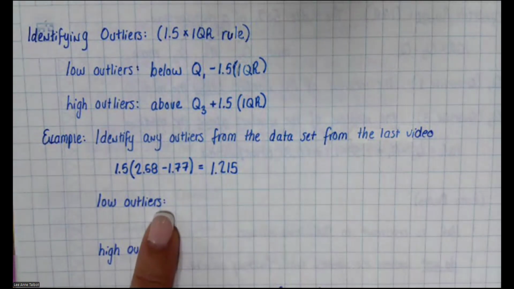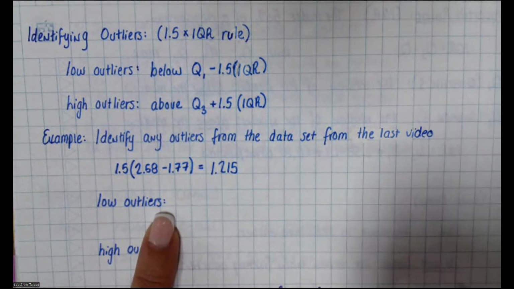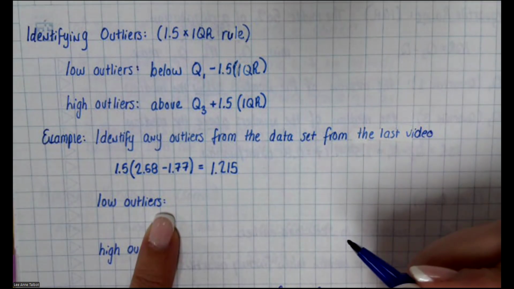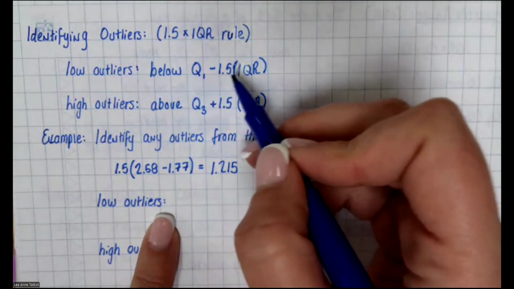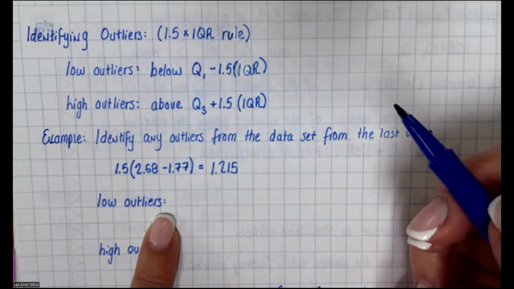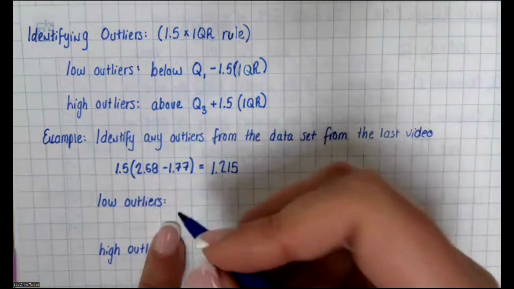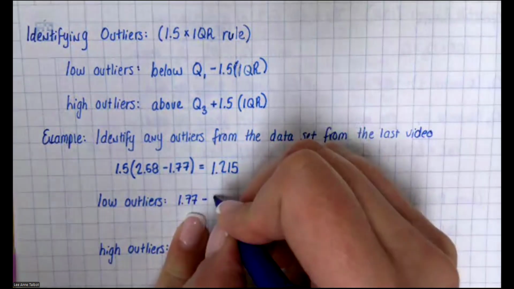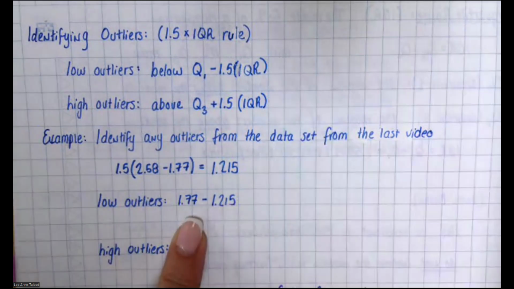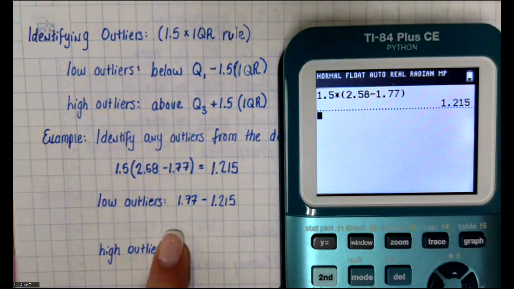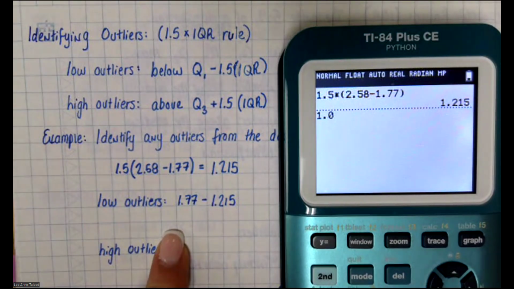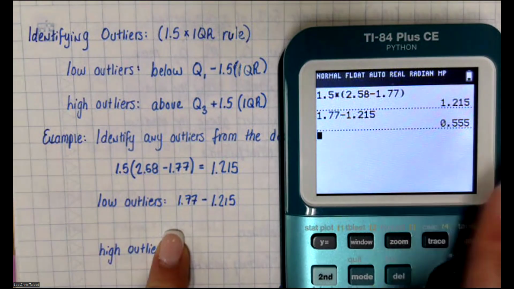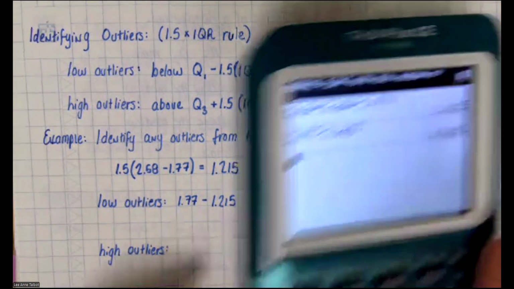Okay, so the low boundary is going to be quartile 1 minus 1.5 times IQR. Quartile 1 was 1.77 minus 1.215, which is kind of satisfying, 0.555.